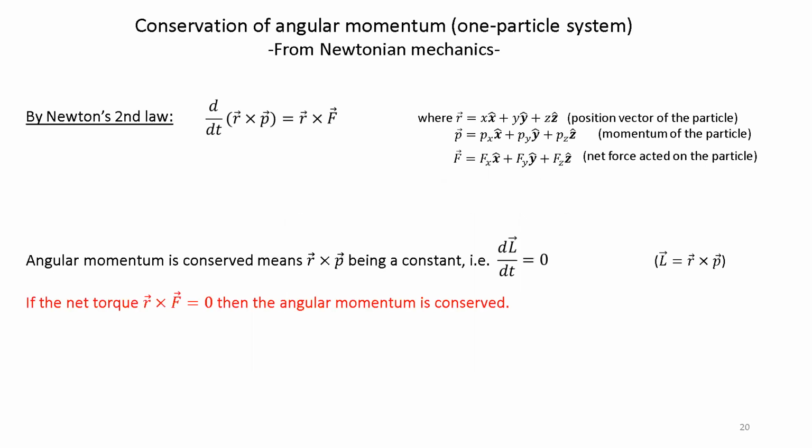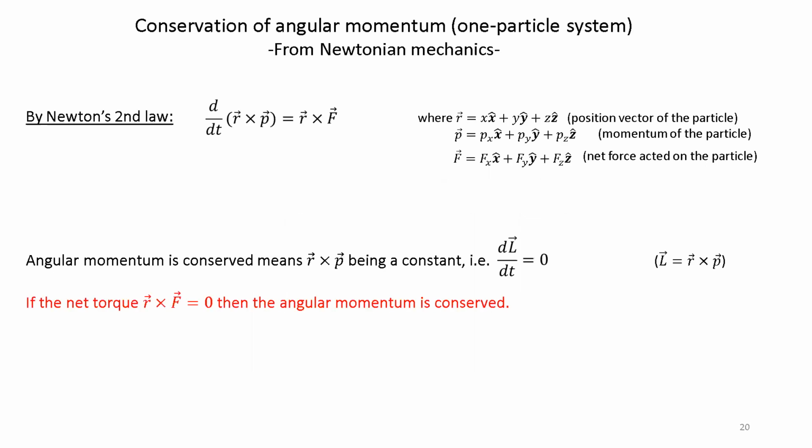And today we'll talk about the conservation of angular momentum, and how it is closely related to the rotational symmetry of the system. Again, before getting there, a quick review on how we get to the conservation of angular momentum from Newton's law.